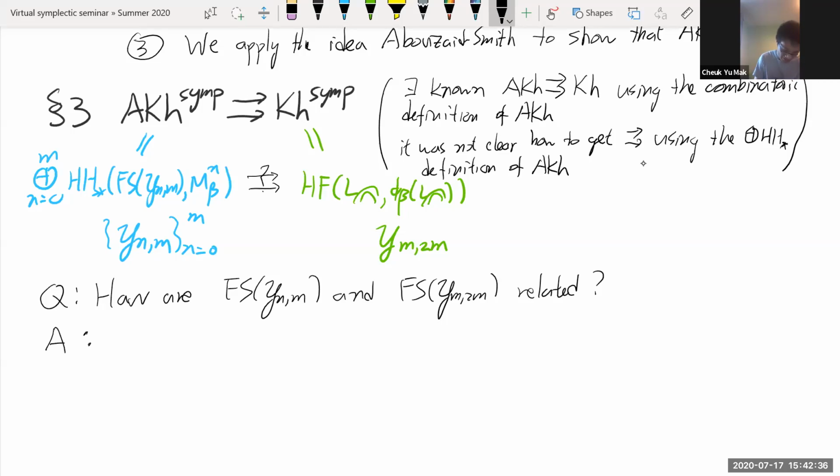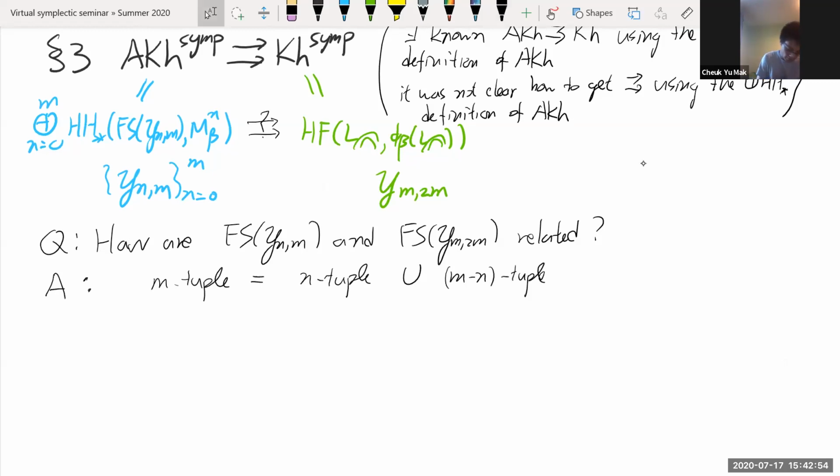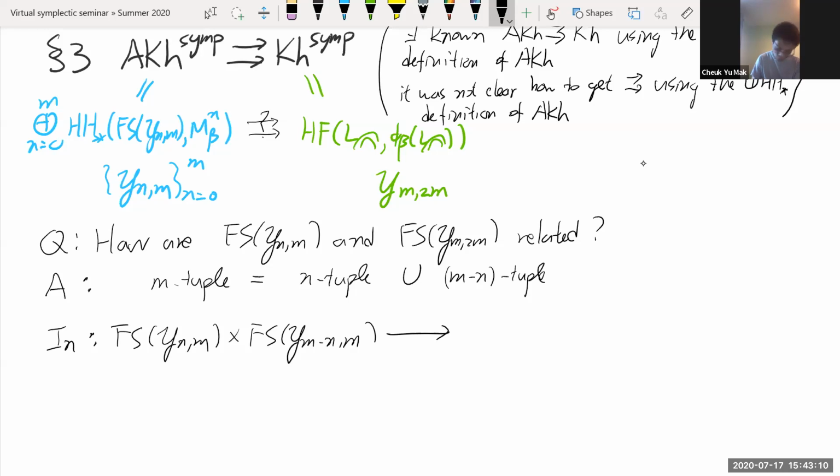They're related by the fact that an m-tuple is the union of an n-tuple and an m minus n tuple. It means that we can define a functor for each n, from the Fukaya-Seidel category of Y_n cross the Fukaya-Seidel category of Y_{m-n} to the Fukaya-Seidel category of Y_{m to m}.